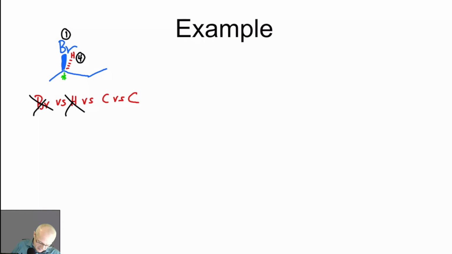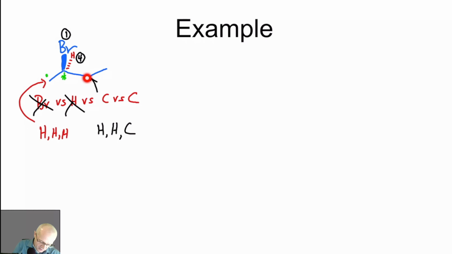So now, let's worry about carbon versus carbon. So I went here and here. Remember, there's 2 hydrogens on here, and there's 3 on here. So it's going to be hydrogen, hydrogen, hydrogen for here. And the other one, this one, is going to be hydrogen, hydrogen, and carbon.